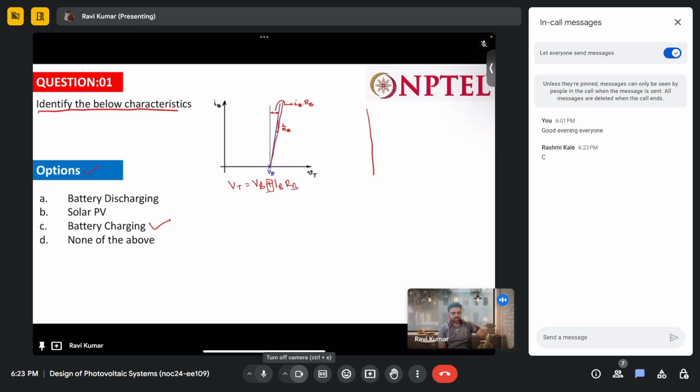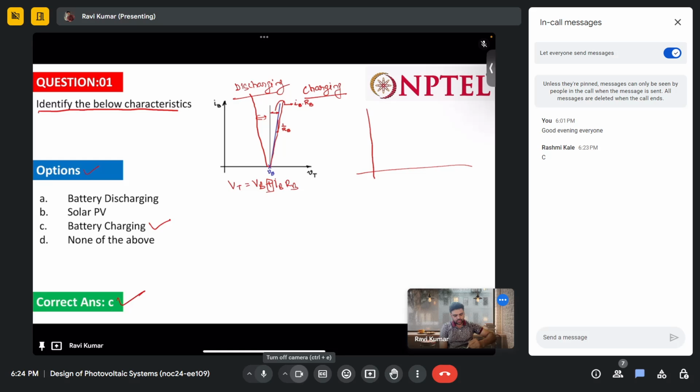In case of discharging, it will be like this. I am plotting it here. So here it is charging, and here it will be discharging. Yes, C is the correct answer here.